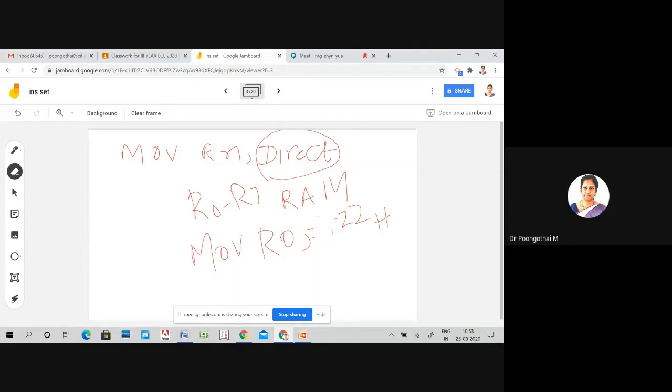MOV R0, 22. So move the data from internal RAM memory, whose address is specified in the instruction, to your general purpose register R0.